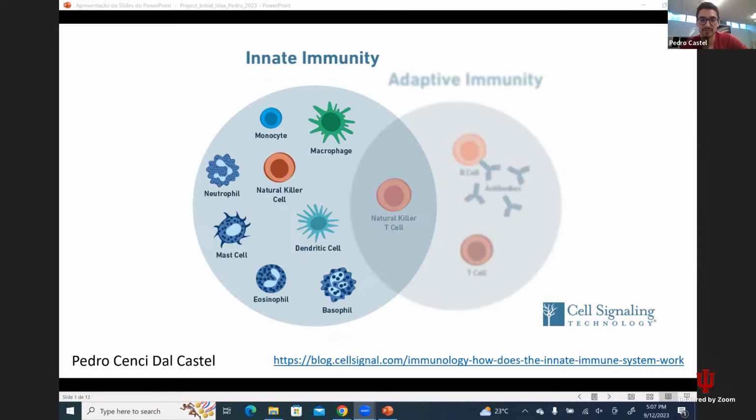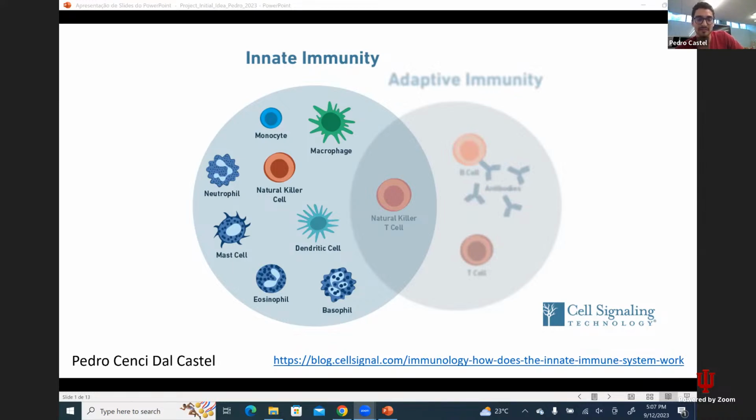Eventually, the natural killer T cell, which is a specialized immune cell against a specific pathogen, remains available in the tissue, so you can have it as part of your innate response later on. But you have to have educated your adaptive immunity system beforehand, right?